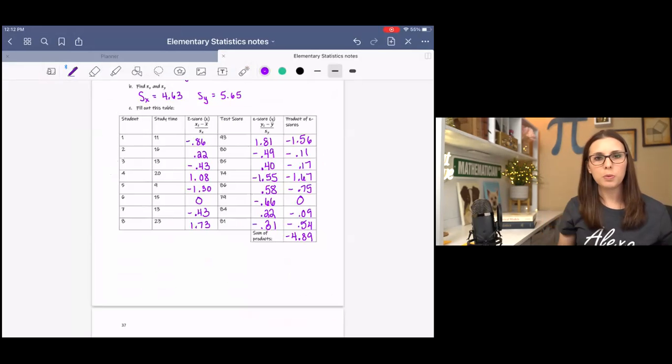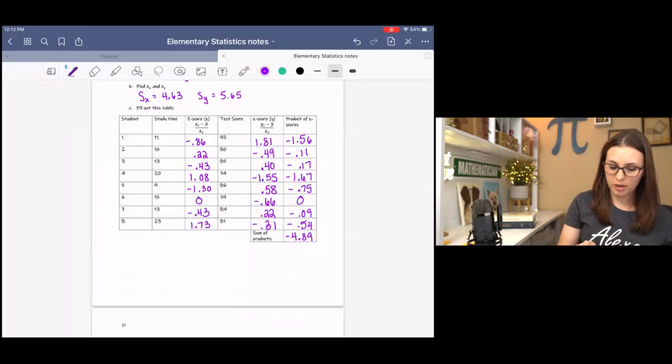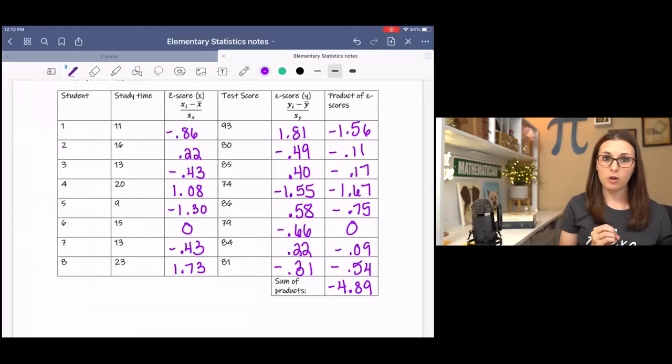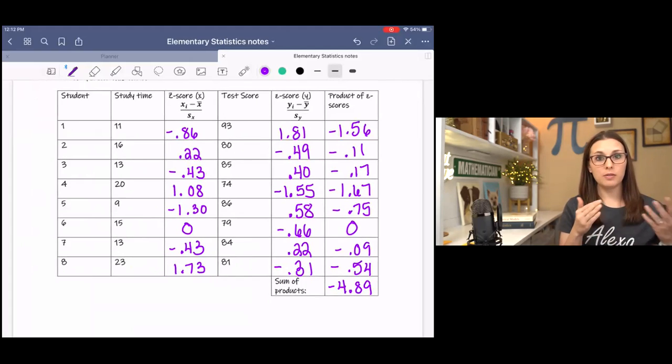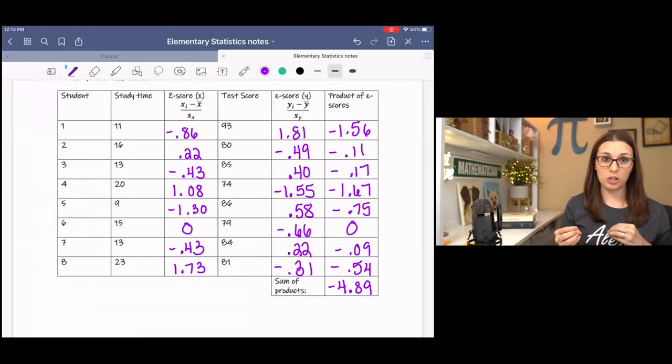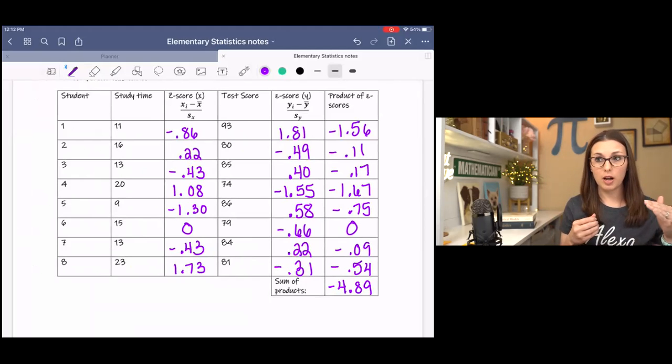So when you multiply your z-scores, you might notice that you end up with all negative products, because positive times negative gives you a negative product. And what's happening here is we have an inverse relationship because they're opposite. So as one is rising, one is falling, basically.